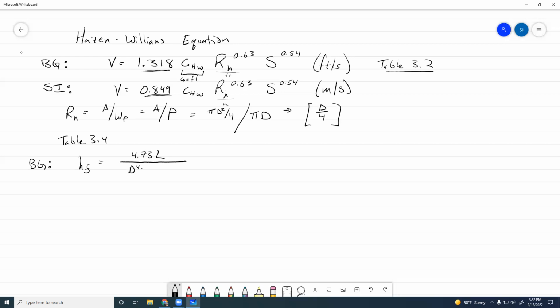all over d to the 4.87, and these are coefficients. So 1.85. And this is times Q raised to the 1.85.